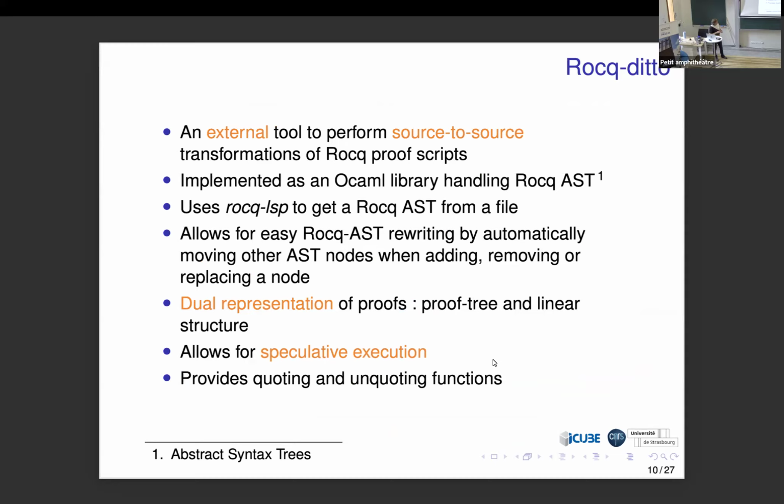I don't know. Anyway. So this is an external tool to perform source transformation of Rocq proof scripts. It's written in OCaml as a library which handles Rocq abstract syntax trees. It's based on Rocq LSP, which is developed by Emilio.